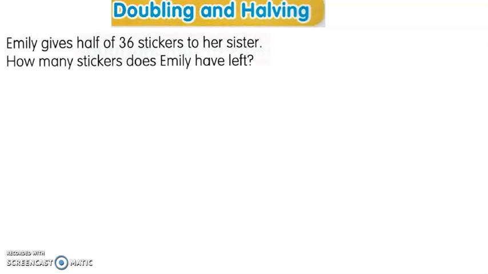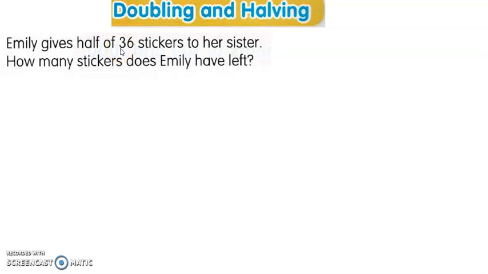Okay, now we have here another question. Emily gives half of 36 stickers to her sister. How many stickers does Emily have left? Actually, Emily in total has 36 stickers, but she gives her sister half of the 36.